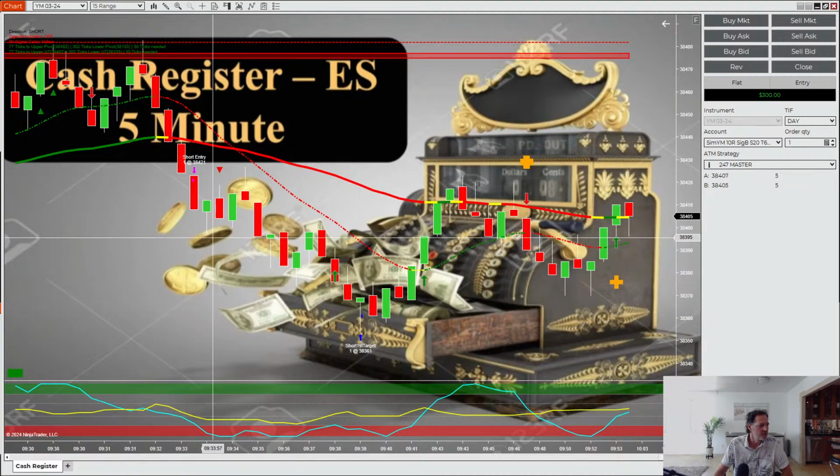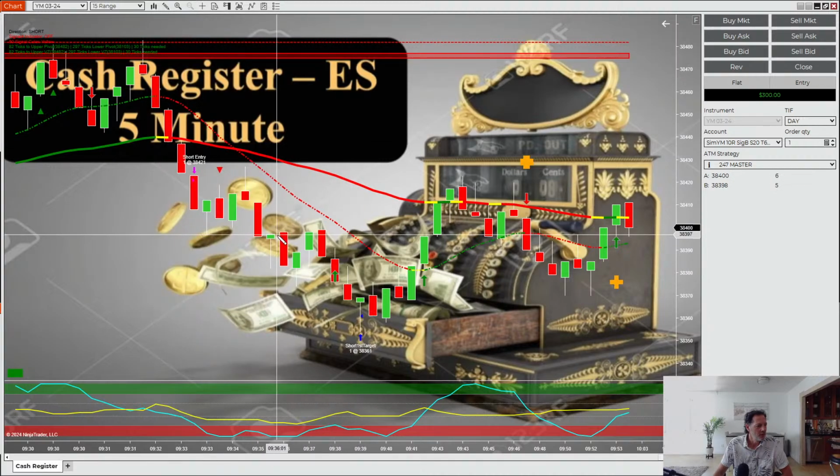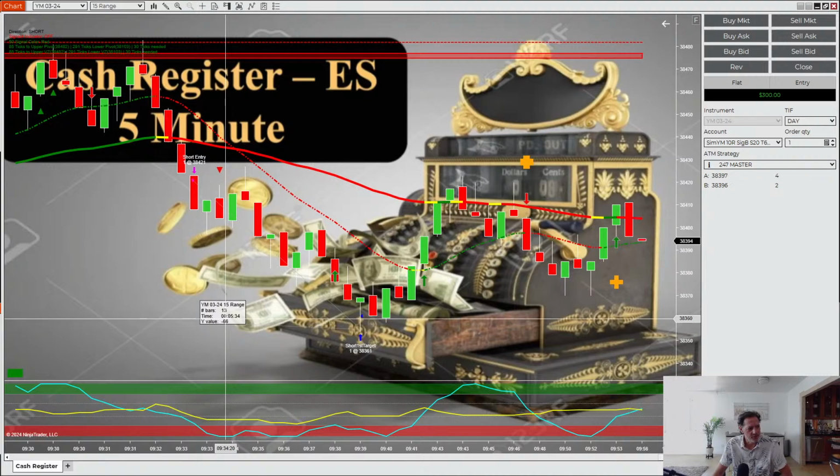So that's a really nice setup as far as how far of an extent those go. What I do a lot of times, I use the ruler, so I see where we enter and how much room we have to go down. So that was 66 ticks. So I have this one set to 60, so it just barely gets there.